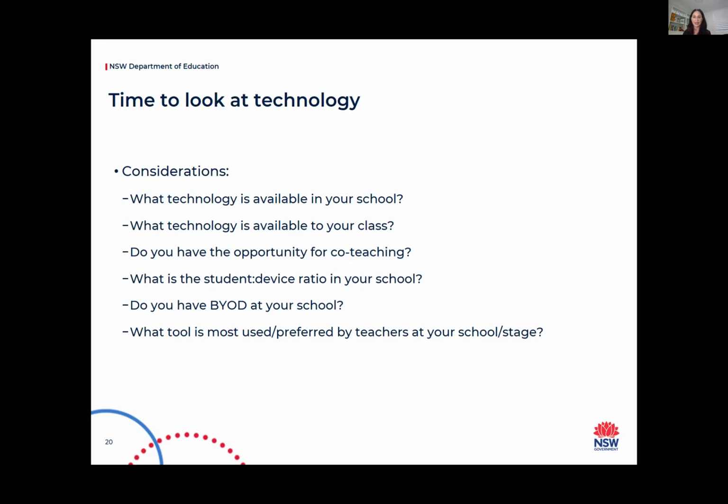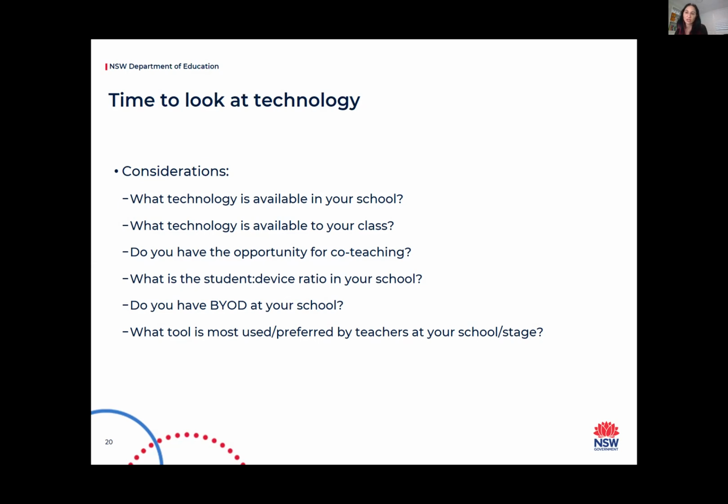Lots of evidence today that co-teaching is where a lot of schools are heading towards because they are providing a lot more opportunities for students to gain different ways of learning from different teachers.